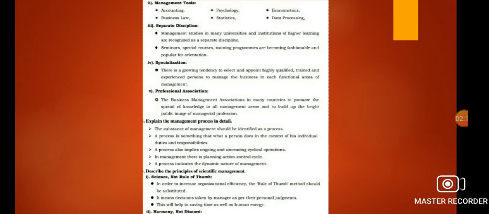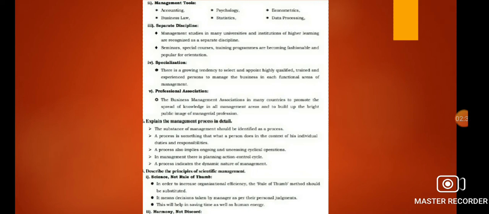Then next one, specialization. There is a growing tendency to select and appoint highly qualified, trained and experienced persons to manage the business in each functional area of management. This is a specialization of the concept of management. Then last one, professional association.